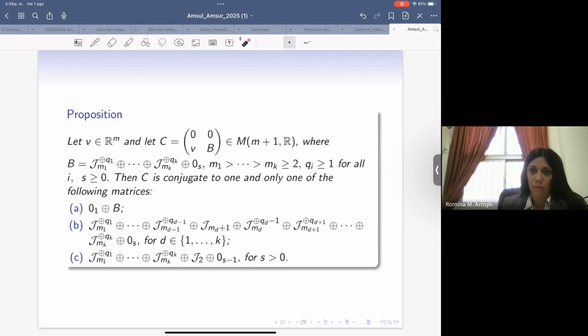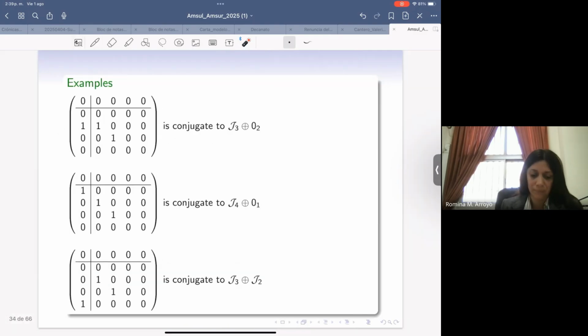I am going to give you an example. So these are basically examples, one for each of these cases A, B, and C. So imagine that this is capital B, and this is b.